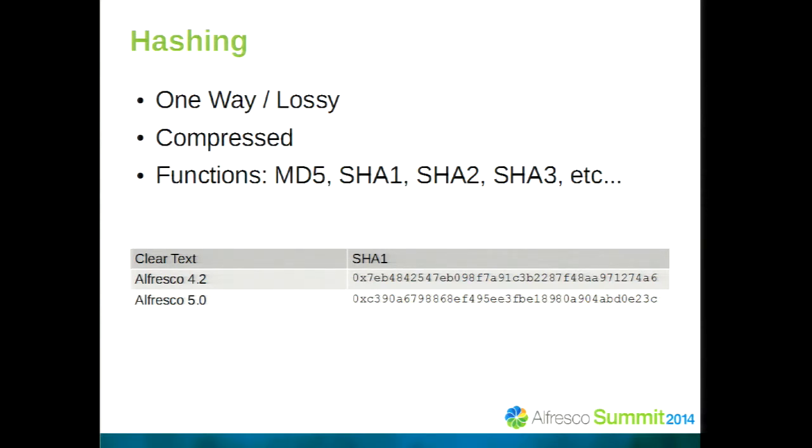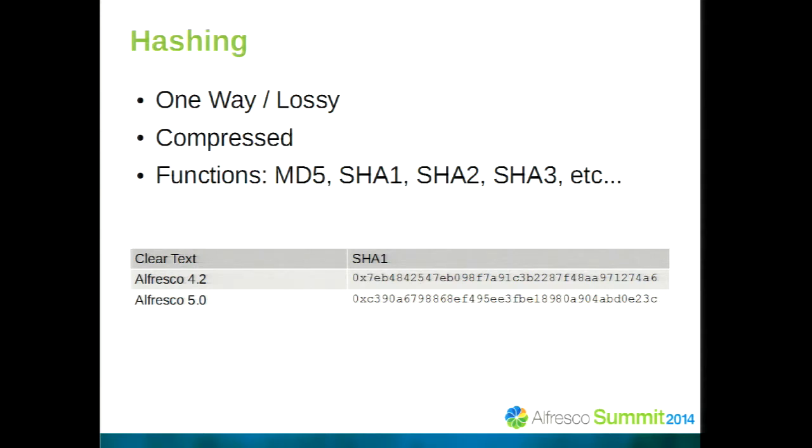So hashing, I like to just say it's a one-way encryption, and it's incredibly lossy. You could say it compresses it down, but you're hashing something down to a set static length of bits that here is represented as hexadecimal, but you have a lot of different hashing algorithms available, and they essentially do similar things.